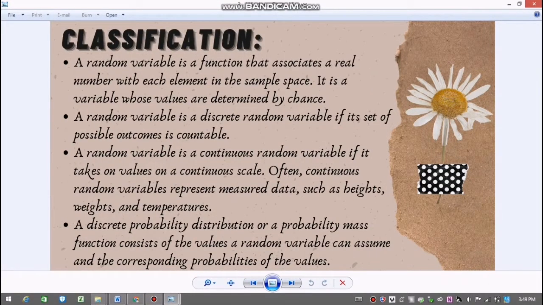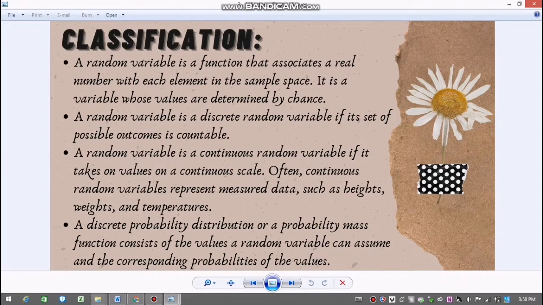Classification. A random variable is a function that associates a real number with each element in the sample space. It is a variable whose values are determined by chance. A random variable is a discrete random variable if its set of possible outcomes is countable. A random variable is a continuous random variable if it takes on values on a continuous scale.